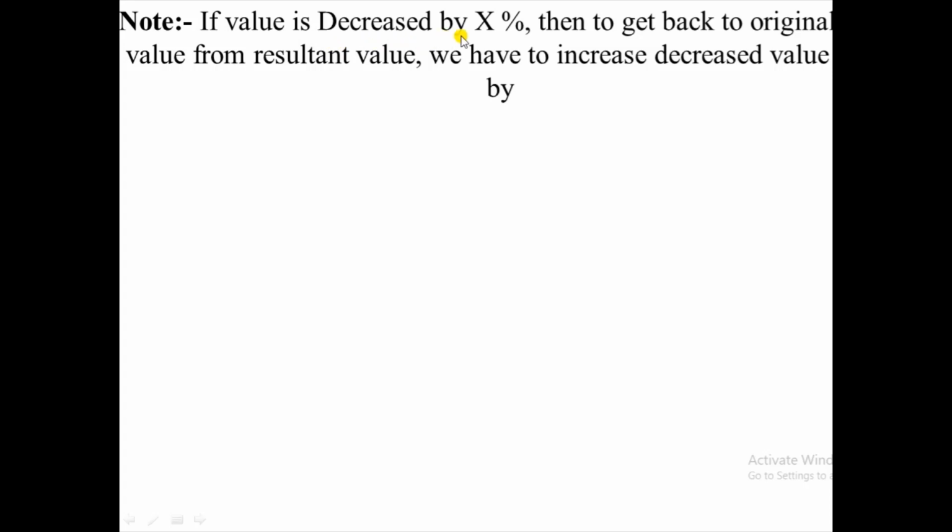So the simple meaning: if a value is increased by x%, then to get back to the original value from the increased value, we will have to decrease the increased value by x divided by (100 plus x).